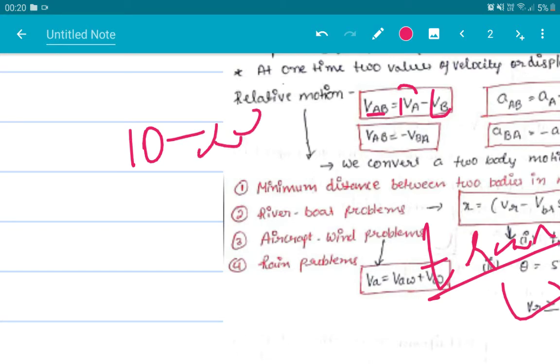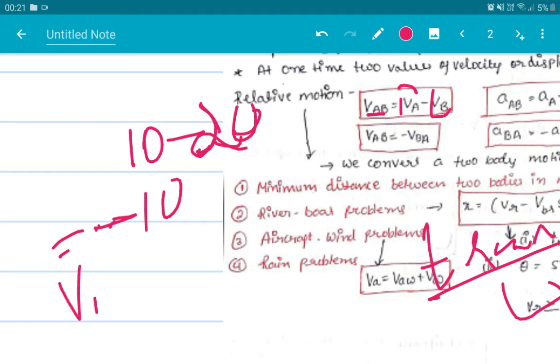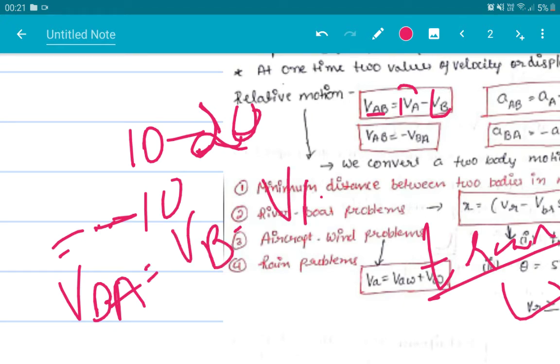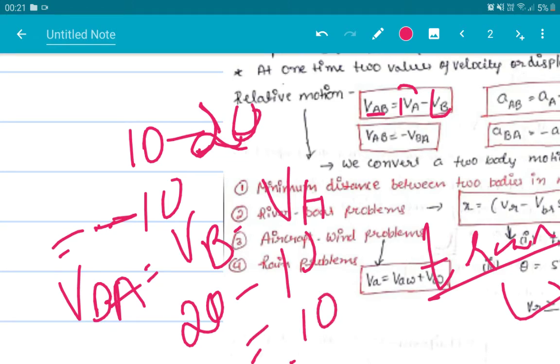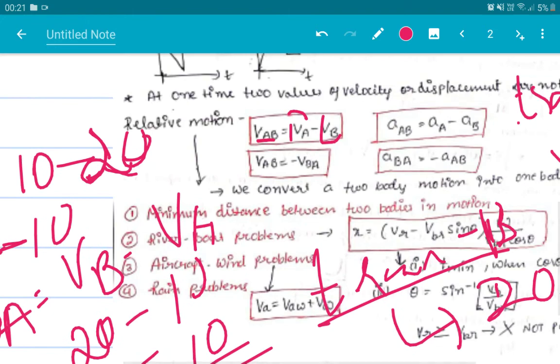So the relative speed is about minus 10. And if we take train B with respect to train A, so VBA is VB minus VA, VB is 20 and VA is 10, then the relative motion becomes 10. So it varies in different cases.